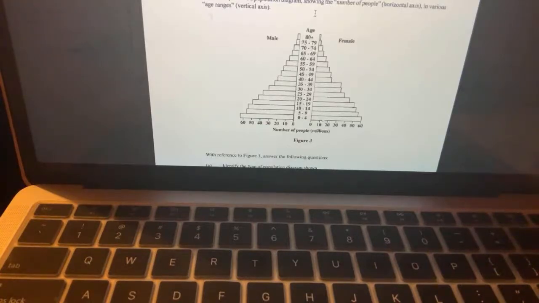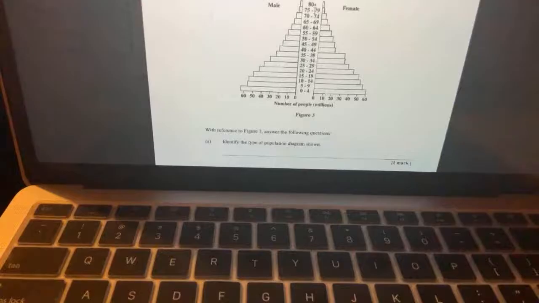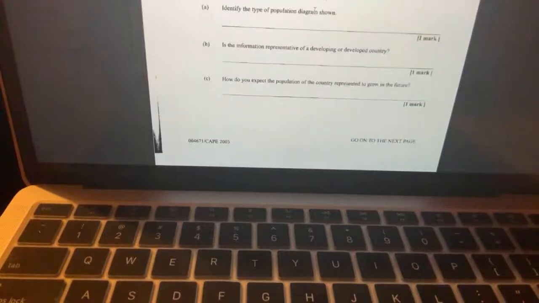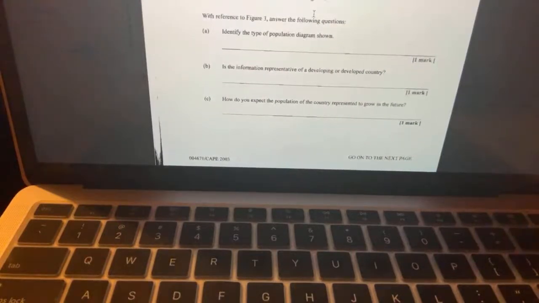All right, expansive population pyramid. Look at the diagram. Is this for a developing or a developed country?